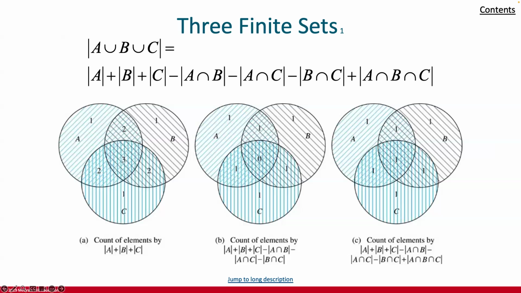Finally, the third diagram shows count by elements by the formula: the number of elements in A plus the number of elements in B plus the number of elements in C, minus the number of elements in the intersection of A and B, minus the number of elements in the intersection of A and C, minus the number of elements in the intersection of B and C, plus the number of elements in the intersection of A, B, and C. There is number 1 in exactly one of the three sets and in all of the intersections.